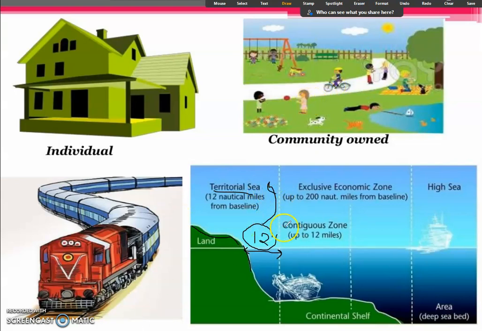That 12 nautical miles from the baseline of the coastal boundary of that country is known as the territorial sea.